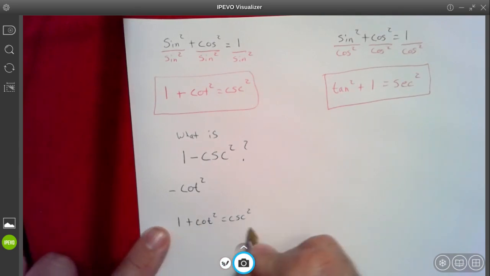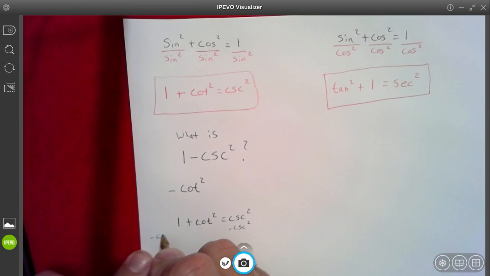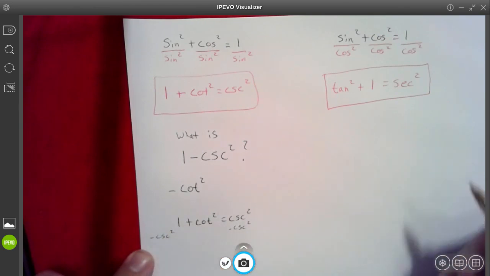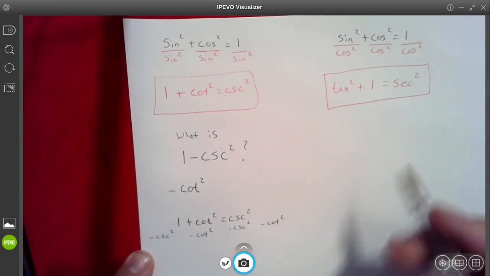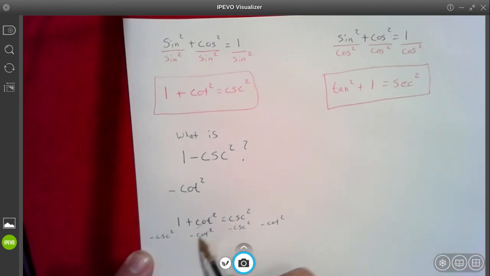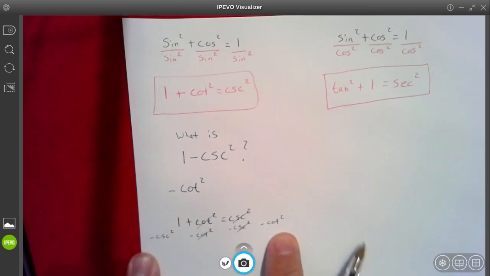So I would subtract cosecant squared from both sides, and I would move this cotangent squared over there, minus cotangent squared. So I get some cancellation there and there. And so what I'm left with is 1 minus cosecant squared is equal to negative cotangent squared.